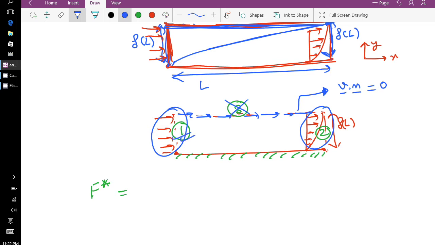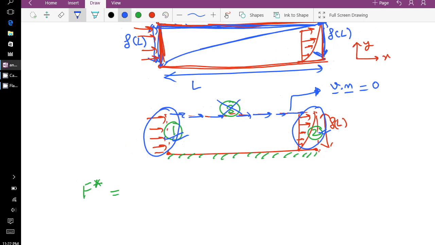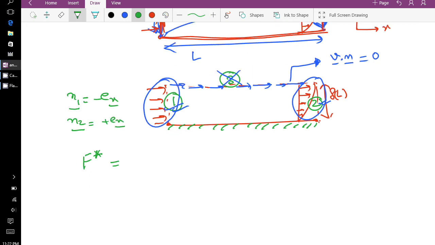So the two surfaces we care about are 1 and 2. And if we remember this, and if we write the n1 vector, n1 vector will point to minus ex, n2 vector will point to plus ex. If we do that, we can actually write our balance very easily.